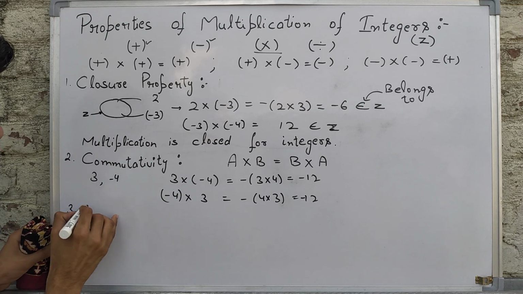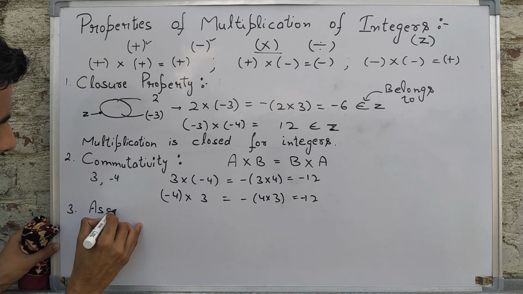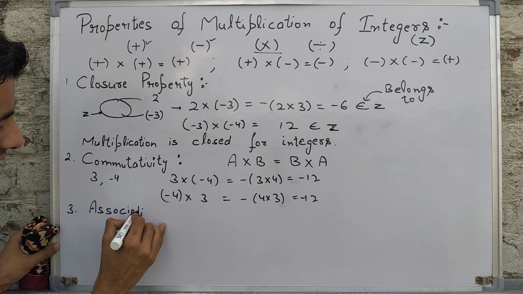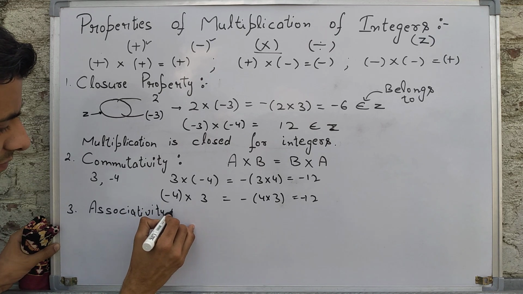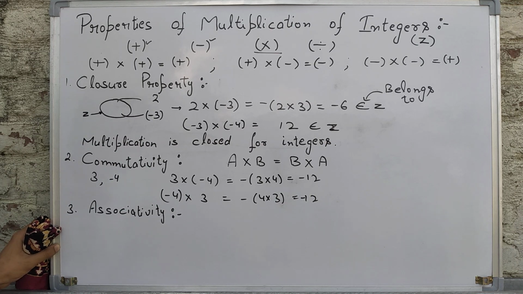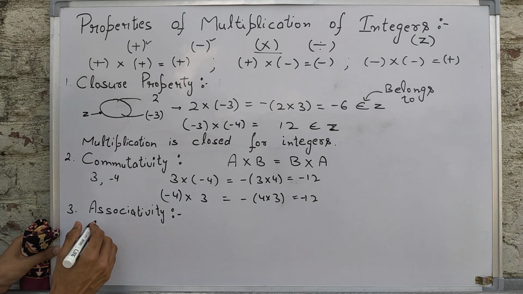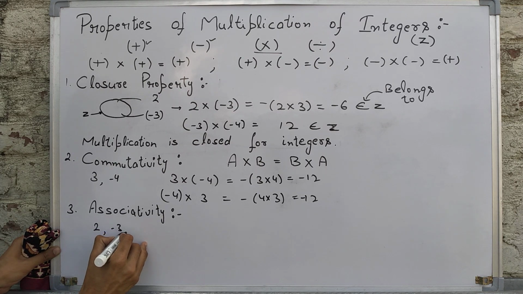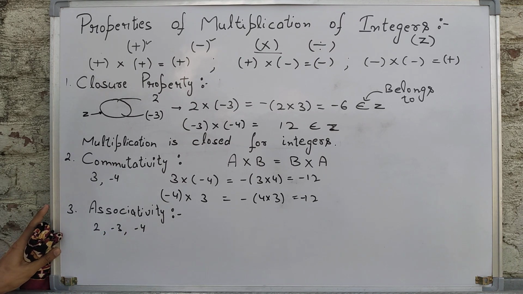Let us move on to the next property. Obviously it is associativity. Associative property. So what is associative property? Suppose here we have a set of 3 integers and we want to multiply them. We are focusing on our multiplication operation.